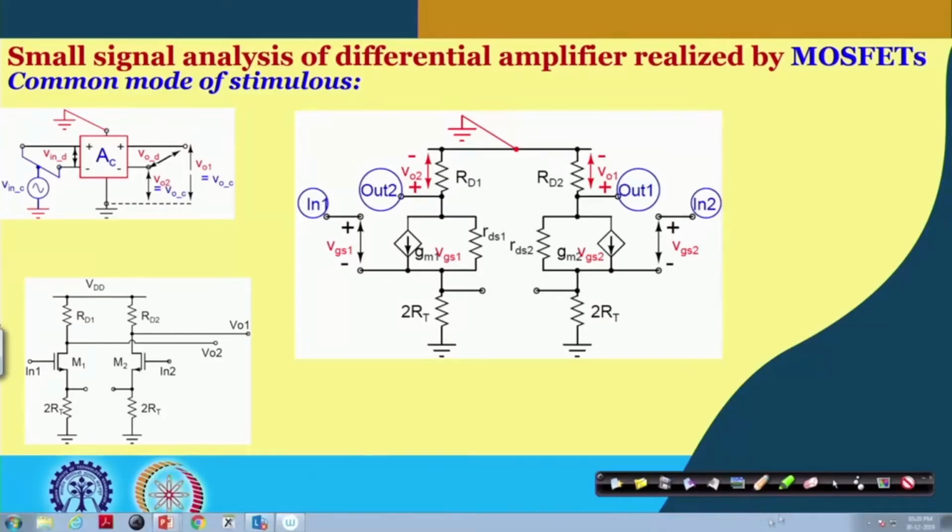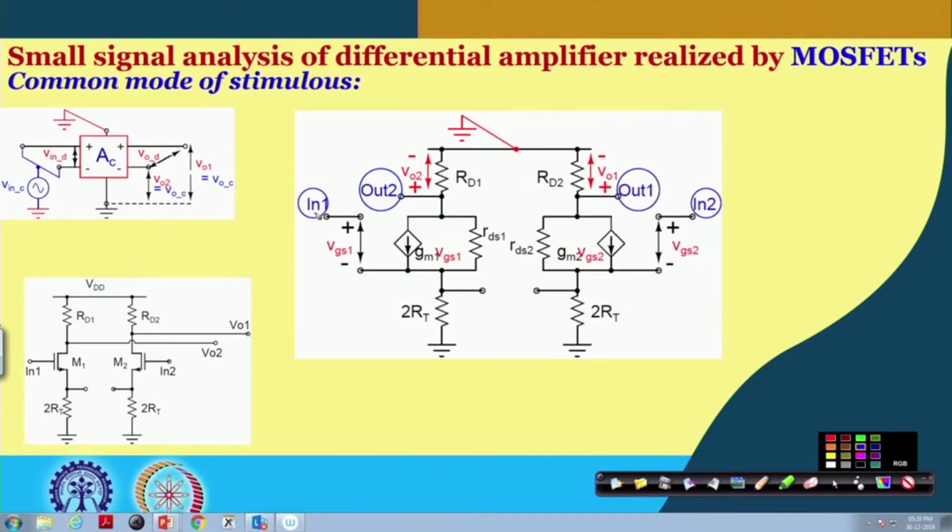So, we are talking about the common mode stimulus, and let us see what happens to the circuit when we stimulate the circuit with identical signal at the two inputs.